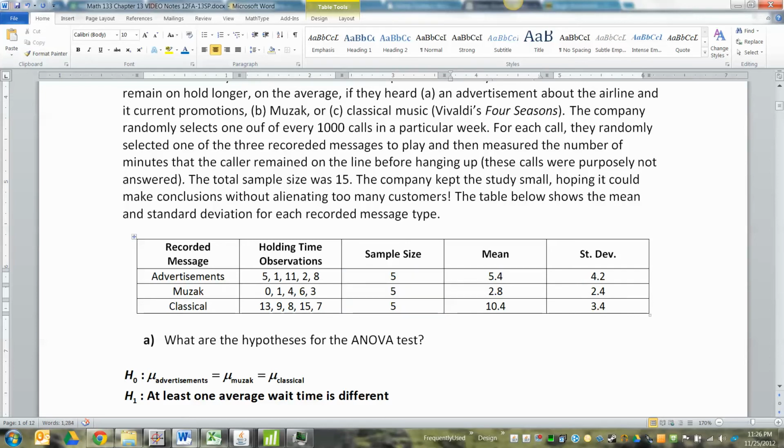And then you have the differences in their means. So the mean here, take these 5 numbers, the mean was 5.4, standard deviation was 4.2, and so on. So there is the information in the data. Although, to be fair, you could find all of these back columns yourself. As long as I gave you these 5 numbers, these 5 numbers, and these 5 numbers, you could find the rest of it, because we all know how to find the mean and standard deviation from Chapter 3.